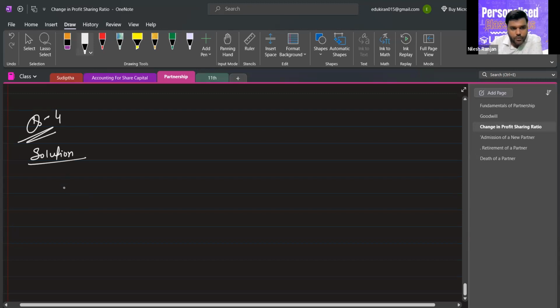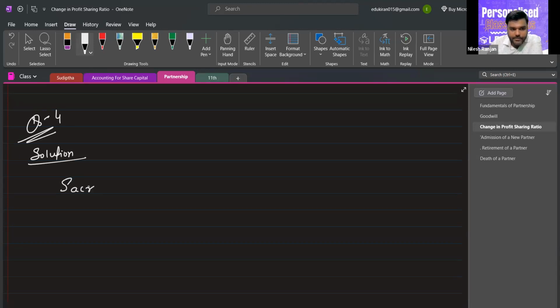Now first we have to calculate sacrifice. It is our working note number 1. Actually, the heading of the working note will be calculation of gain or sacrifice.